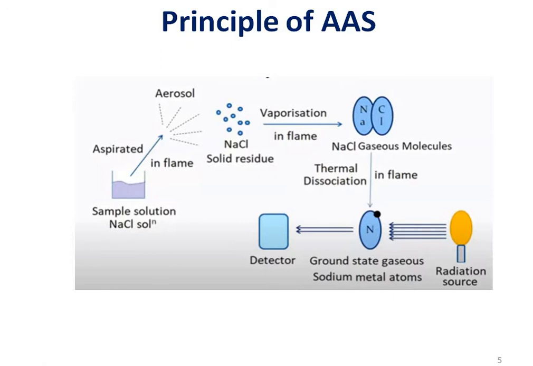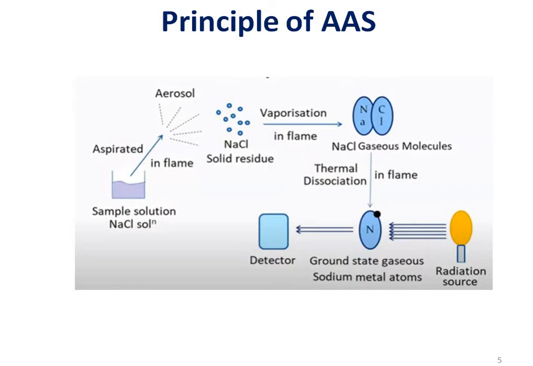From these droplets, solvents get evaporated and we get solid residue in the flame. The solid residue is then vaporized in the flame and gaseous molecules are produced. For example, if we are taking an NaCl sample, then NaCl gaseous molecules are obtained.